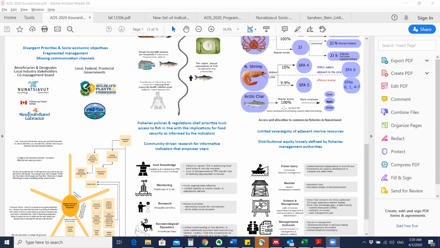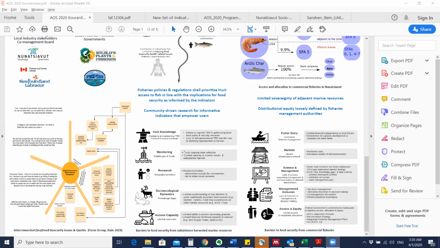Let me start with the subsistence harvesting. First of all, the main barriers include failure to capture Inuit knowledge, high costs of monitoring, misguided research priorities that fail to reflect local concerns, and understudied socio-ecological dynamics.